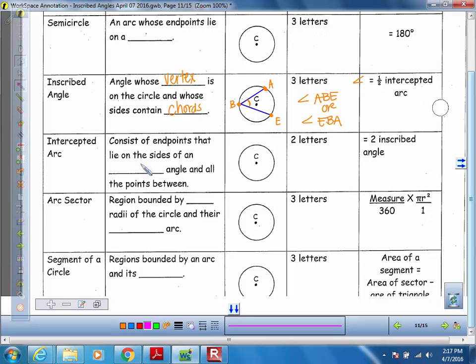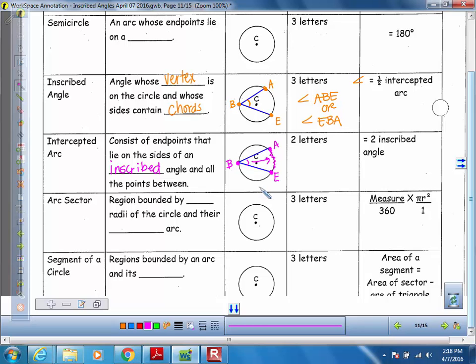So an intercepted arc consists of the endpoints that lie on the inside of the inscribed angle and all the points in between. So if I was to draw the same inscribed angle and label it A, B, E, my intercepted arc would be this arc between A and E that the inscribed angle is across from.